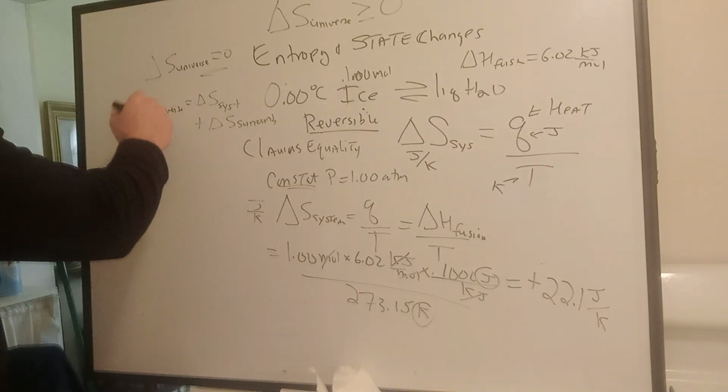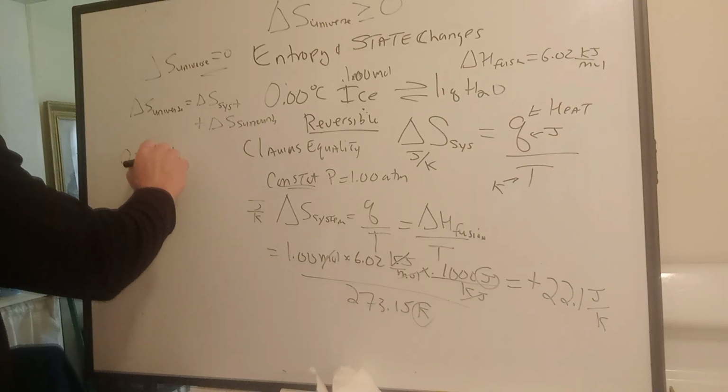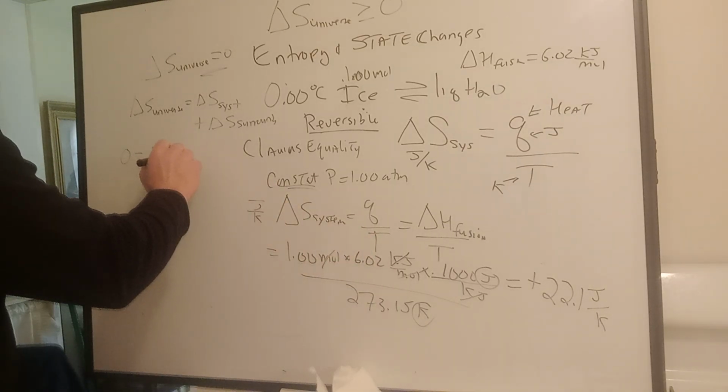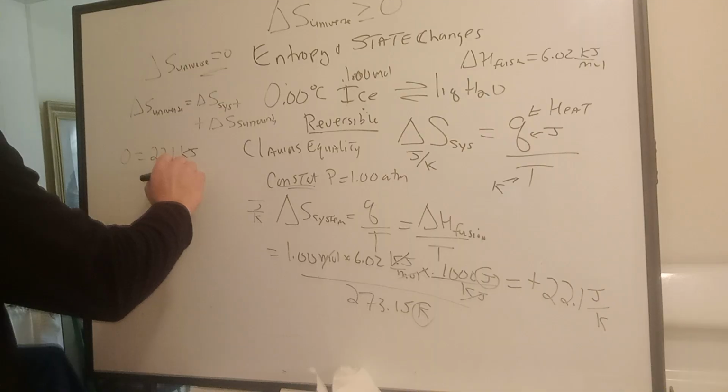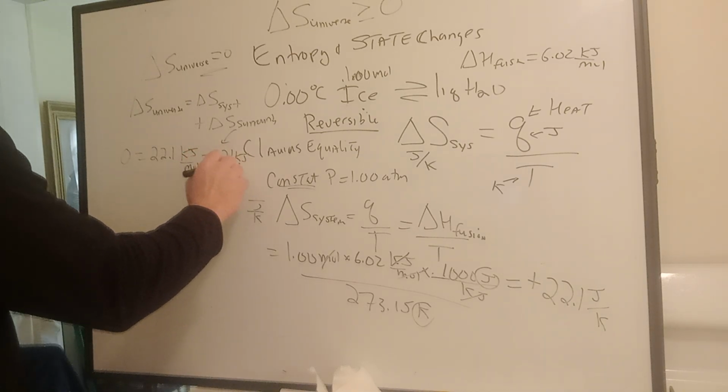So if this is 0, we have 22.1 kilojoules per mole here. That means that delta S of surroundings has to be negative 22.1 kilojoules per mole.